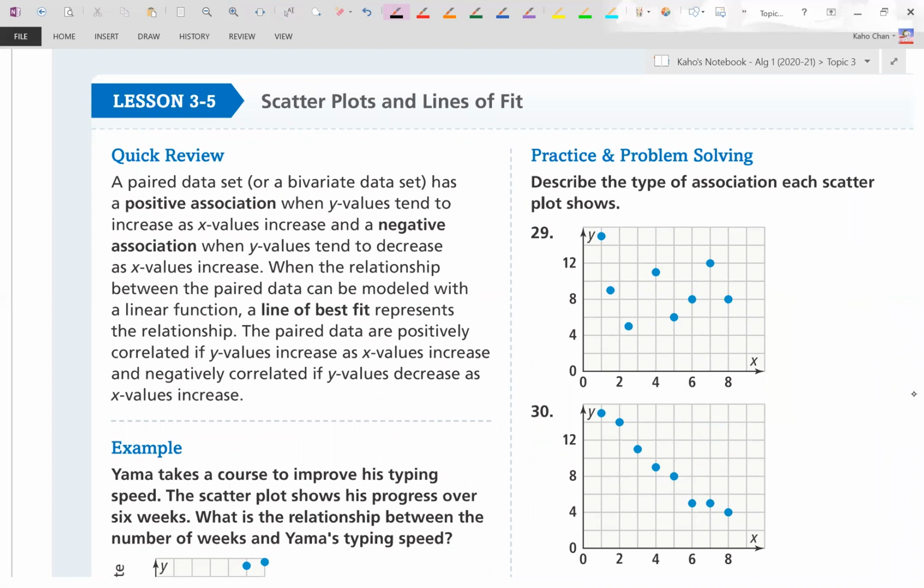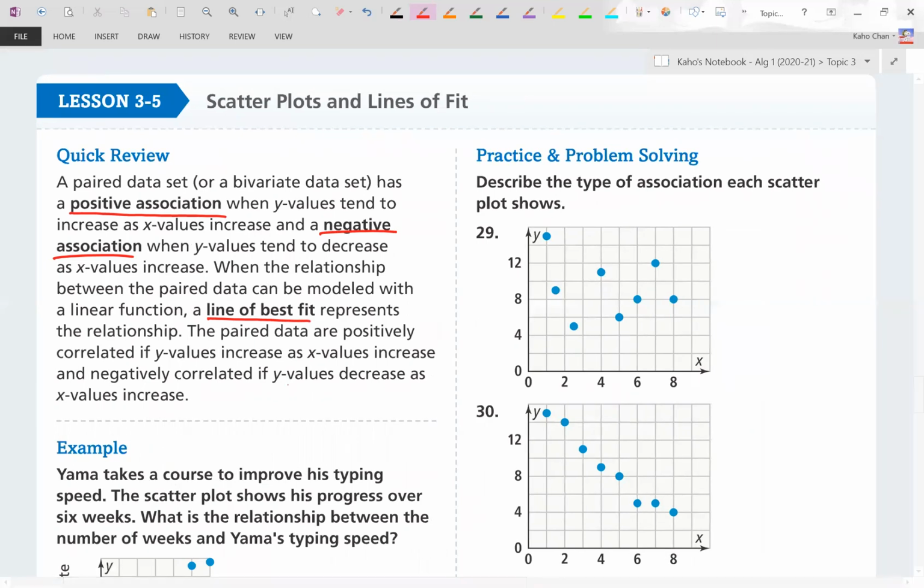A positive association is when the y values tend to increase as x values increase, and a negative association is where they go in opposite directions, okay? Okay, so line of best fit, we'll talk about that also. That's basically mx plus b. It's a line.